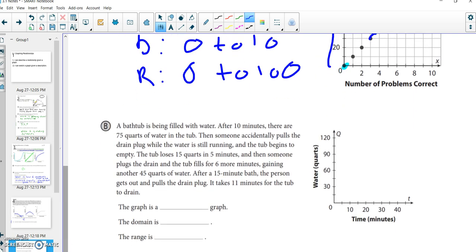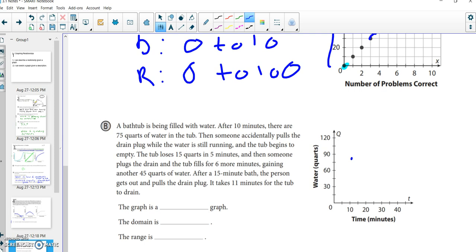The next one here is a bathtub being filled with water. After 10 minutes, there's 75 quarts in the tub. That'll be somewhere around here. Someone accidentally pulls the plug, and the tub loses 15 quarts in 5 minutes. Then someone plugs the drain, and it keeps going from there.